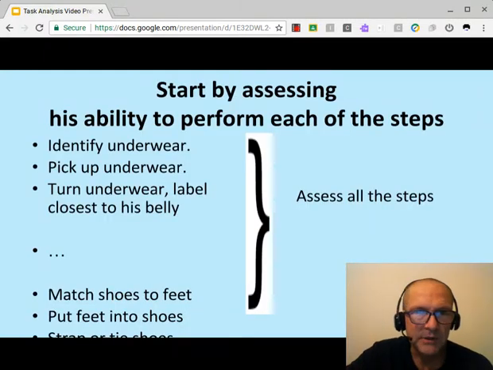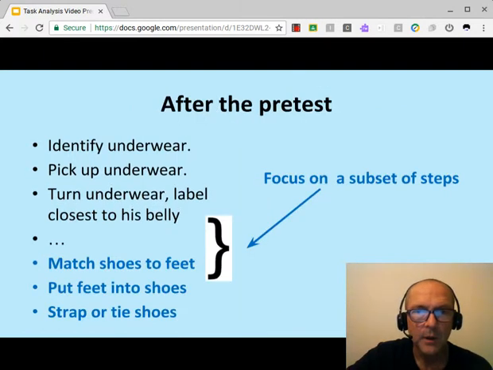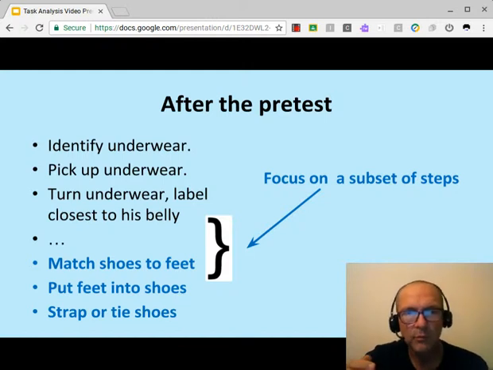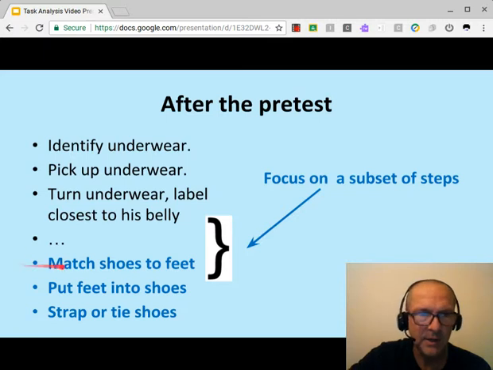So we start by assessing the student on all of the steps. We do a pre-test, and that's what you will be doing next week. After the pre-test, you could drill down to a subset of steps, meaning a couple of steps where they're having trouble. Let's say Gabriel's having trouble putting his shoes on, and maybe we need to go over all 3 steps for that.